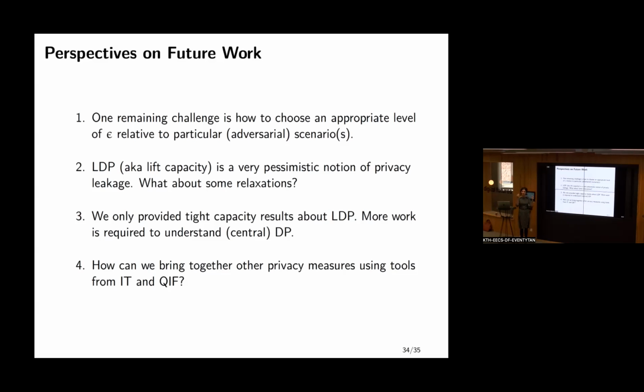I showed some bounds, but it is really not clear how to design good channels that can protect against a wide range of adversaries. For local differential privacy, we also don't know much about the central version of differential privacy and what kind of Bayesian attacks it is protecting against. Of course, there is some work by my collaborators and by Sarah and Tobias that might be related, and I'm happy to learn more about those while I'm visiting.